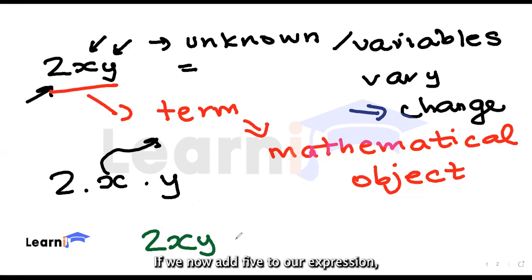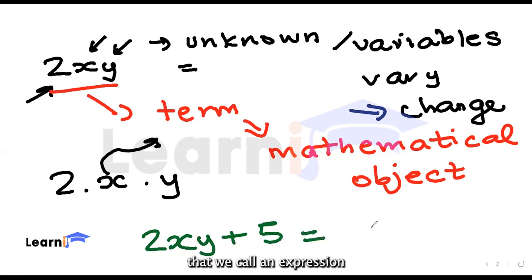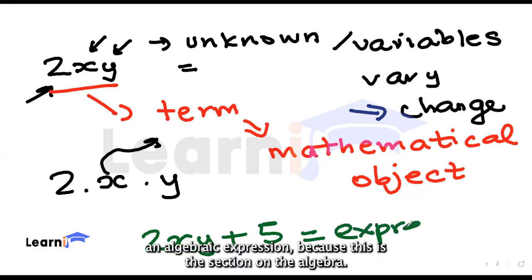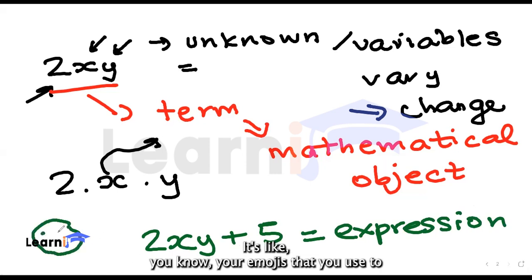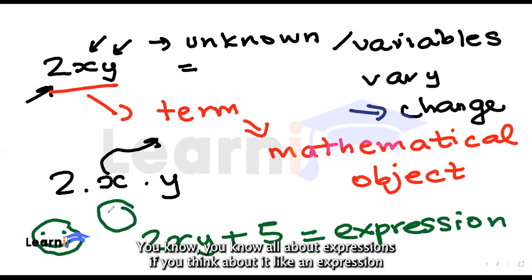If we now add 5 to our expression, so add 5 to our mathematical object, our term, we call that an expression, an algebraic expression, because this is the section under algebra. It's like the emojis that you use to signify how you're feeling.